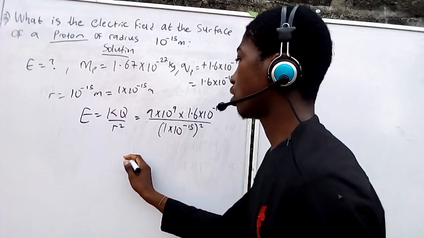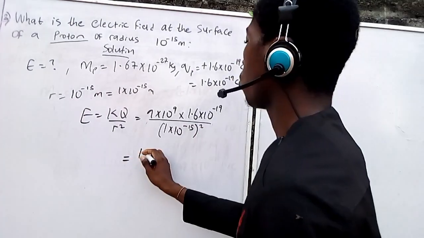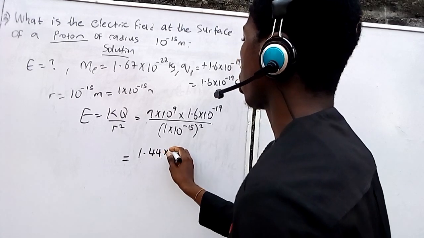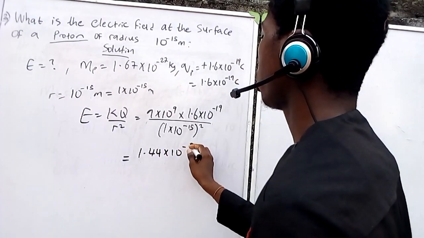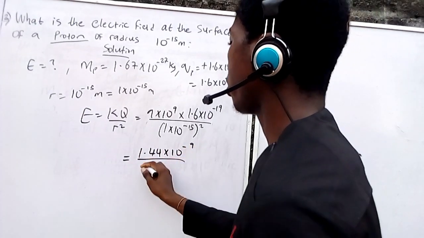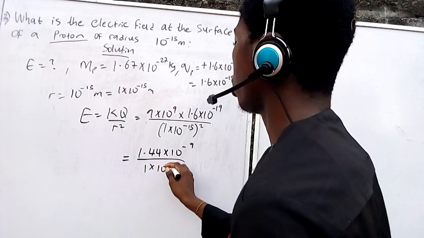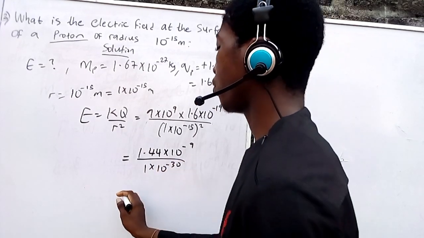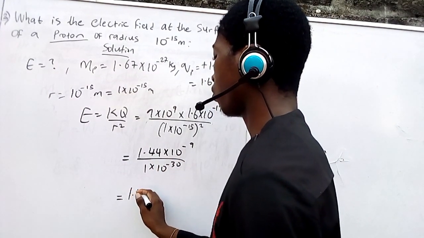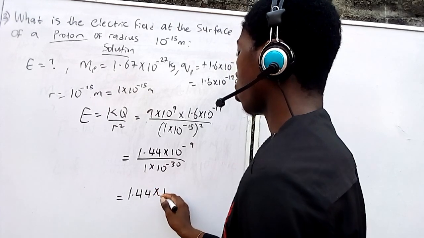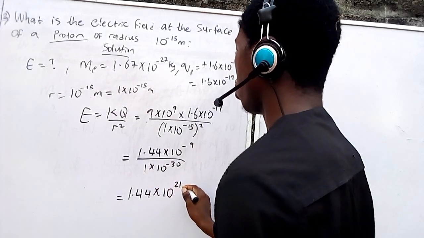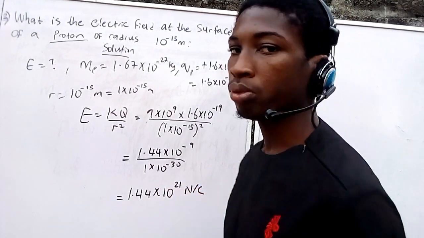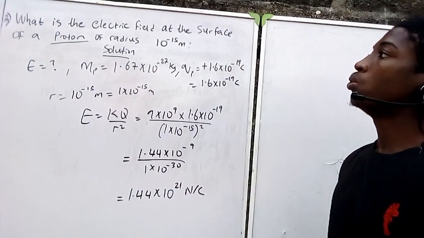So if you punch that, what are you going to have? 1.44 times 10 to the power negative 9. Am I right? All divided by 1 times 10 to the power of negative 30. And if you divide that, you have 1.44 times 10 to the power 21 newton per coulomb. Right? Do you get this question?